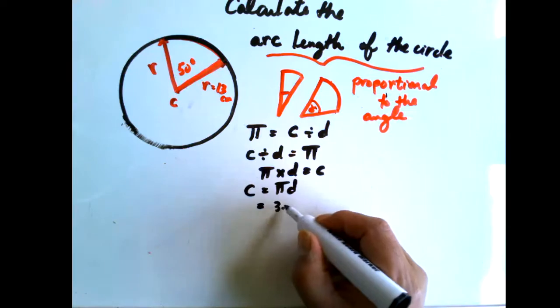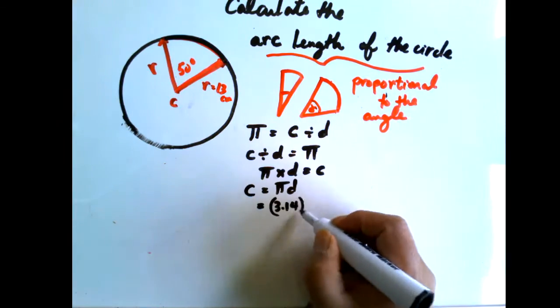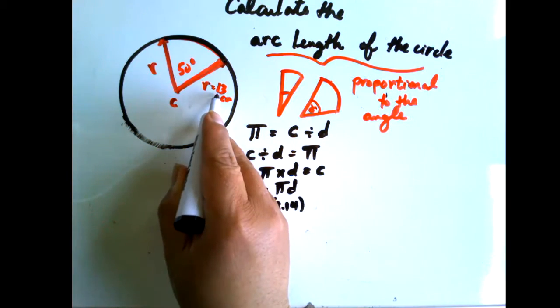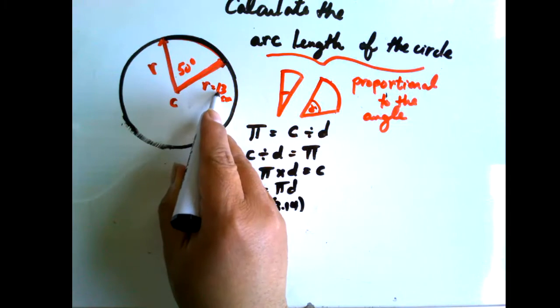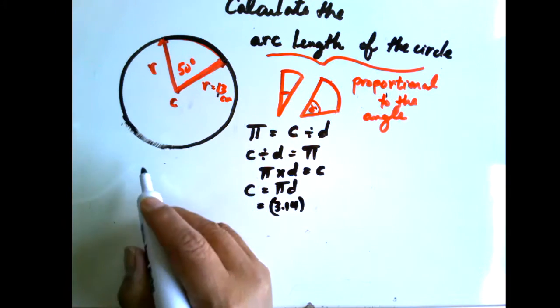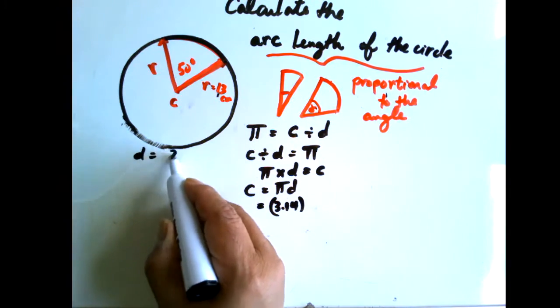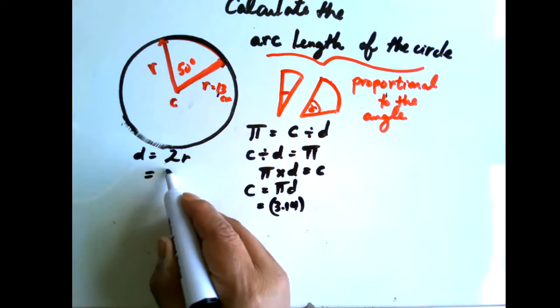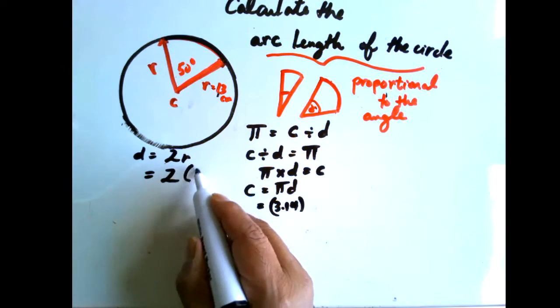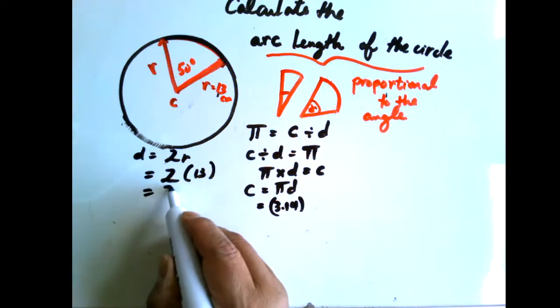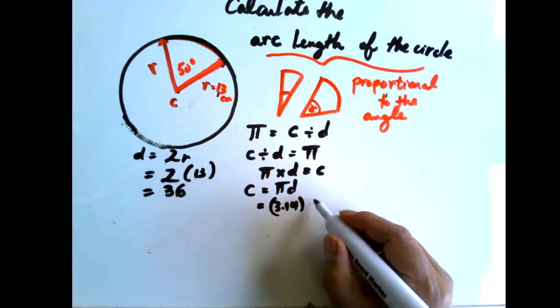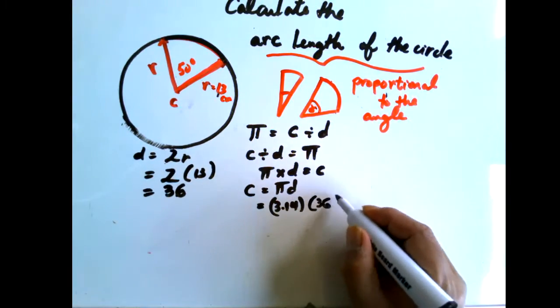Pi is 3.14 times the diameter. The diameter is twice the radius. So here, 2 times 13 is 36. So that's really our value here, 36.